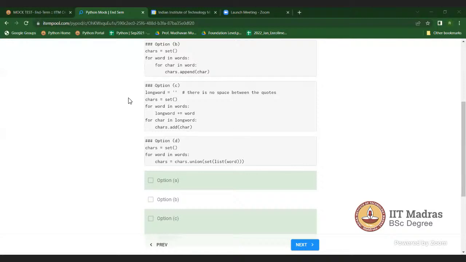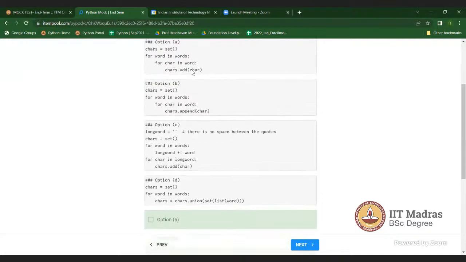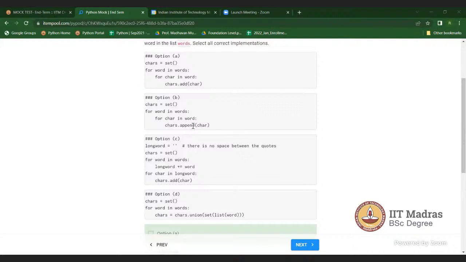Let's say for a set, if you do not know that there is no append method, you might assume that there is one. Since sets have an add method, generally we won't ask these kinds of options, because that has nothing to do with your programming skills. It has just got to do with your memory power. Is this clear? Yes, sir.